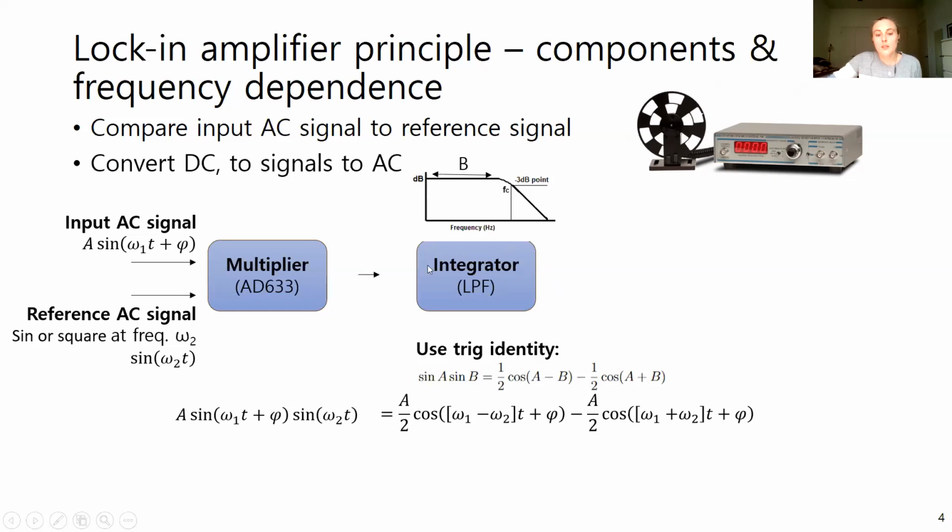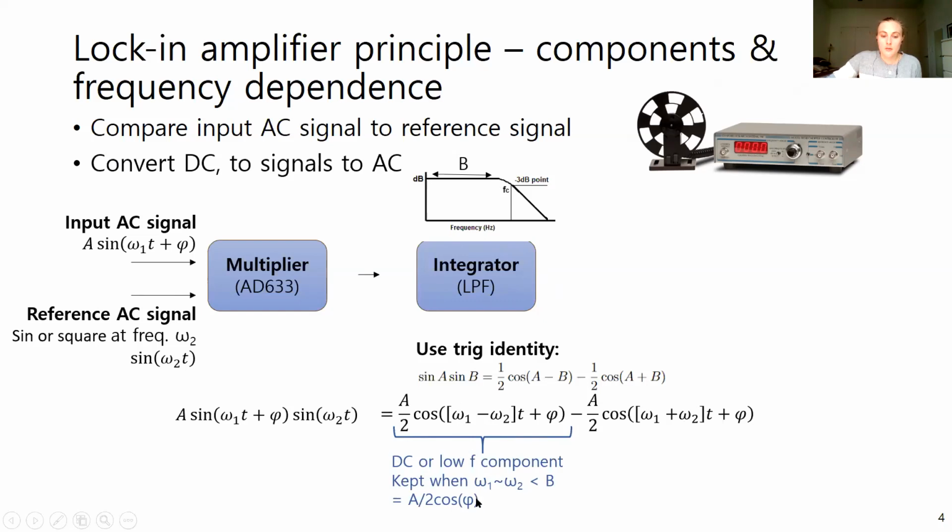So when you take your low pass filter and integrate this together, you want to select a condition where the cutoff frequency would keep this low frequency component. If you are at close to the same frequency between your input and your reference, this would be close to DC.